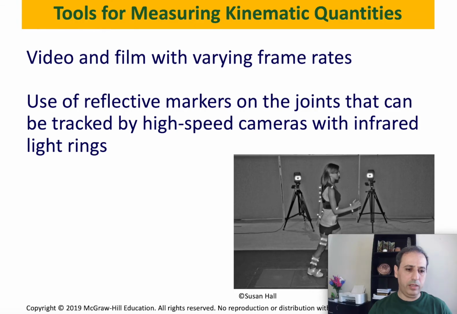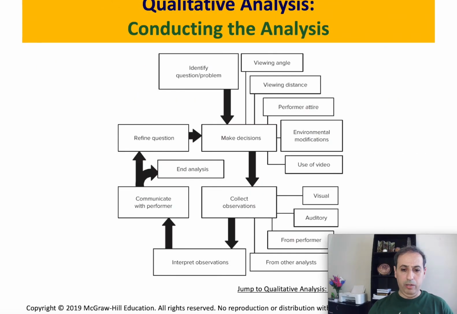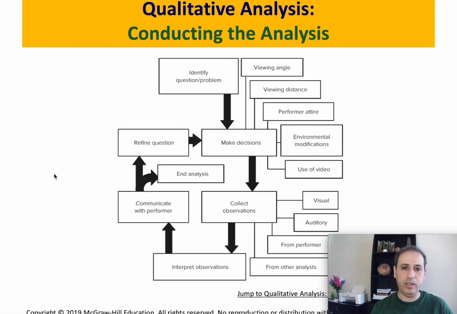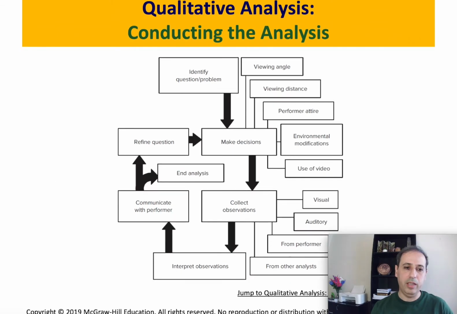Another thing that I want to do to conclude my video here is to show you a flowchart. I love to use flowcharts as much as possible because they give you a representation of how things could be analyzed. So this flowchart is a schematic that describes how people will do meaningful qualitative analysis. They start with identifying a problem, and then they add viewing angles.